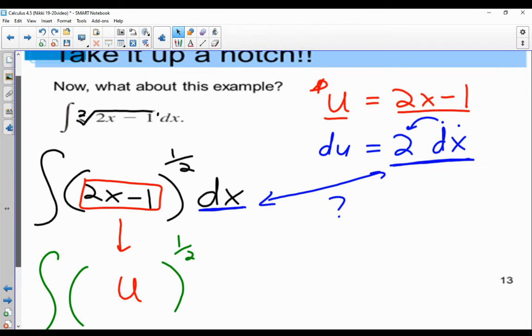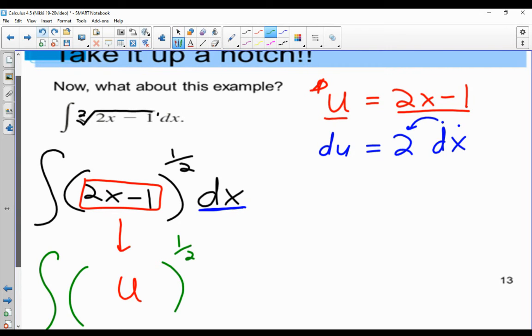So what do I do? Well, if I just had dx, then I would be fine. If I could just get rid of this 2 somehow, I'd be fine. Could I get rid of the 2?